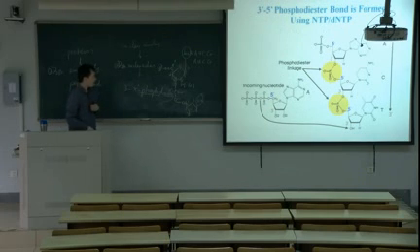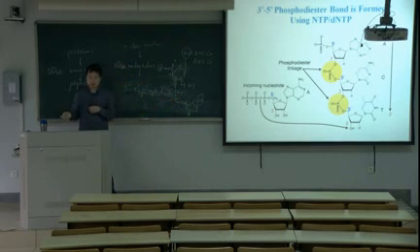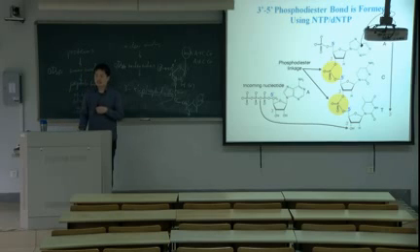And another thing is this. It looks like to form the phosphodiester bond, you only need the hydroxyl group here. But in reality, to add a new nucleotide to the growing chain's hydroxyl group, what you need is not one phosphate group.